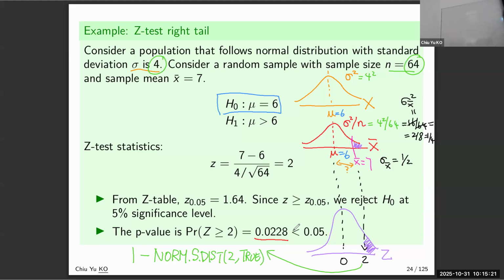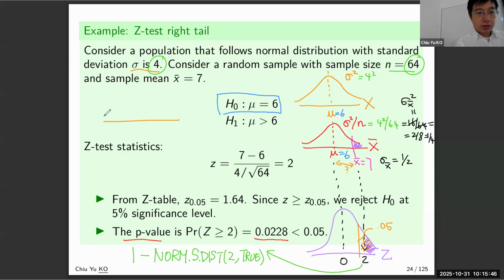And of course, as we said, there are 2 ways to do it. That's called the p-value method. The other method is that we're going to check what the 5% point is. How to check?